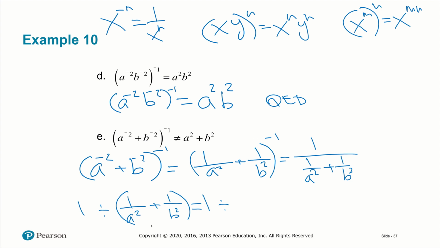So that means we need a common denominator of a squared b squared. So to make a squared become a squared times b squared, we need to multiply by b squared, right?